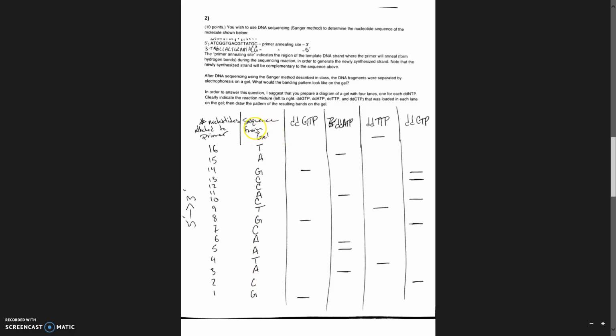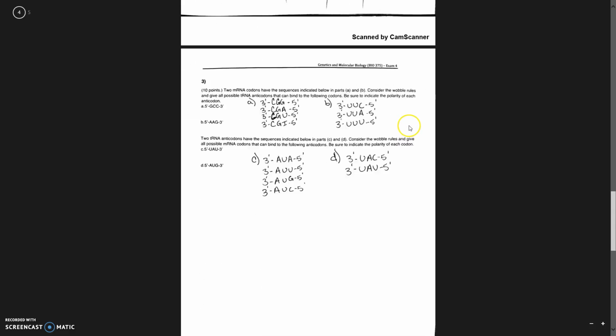So if we look at this first one here, we have T, so that'll match up with the T with the ddTTP, and then the A with the ddATP, and then the G with the ddGTP, so on and so forth as we move down. So this is about what it should look like when you have this reaction mixture, and this is what you should see on the bands of the gel.